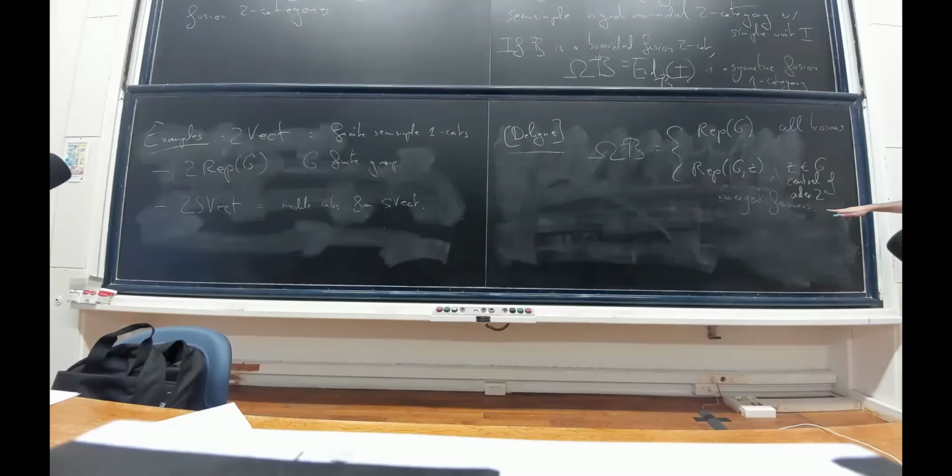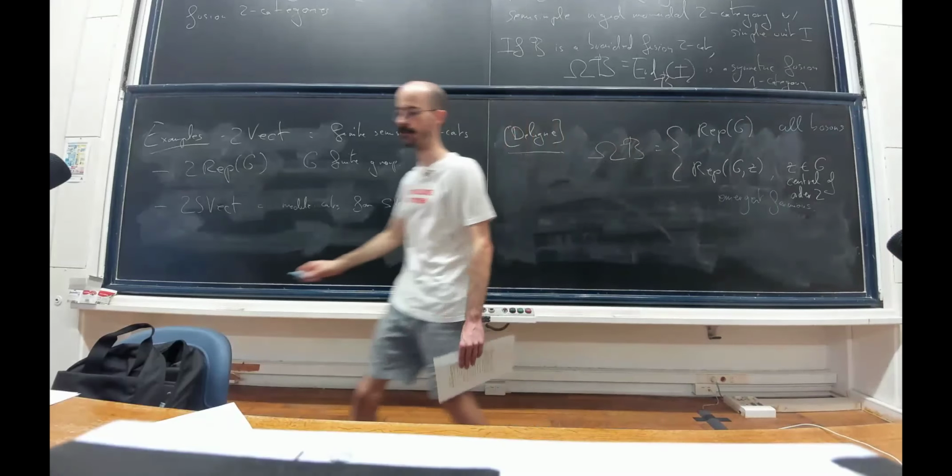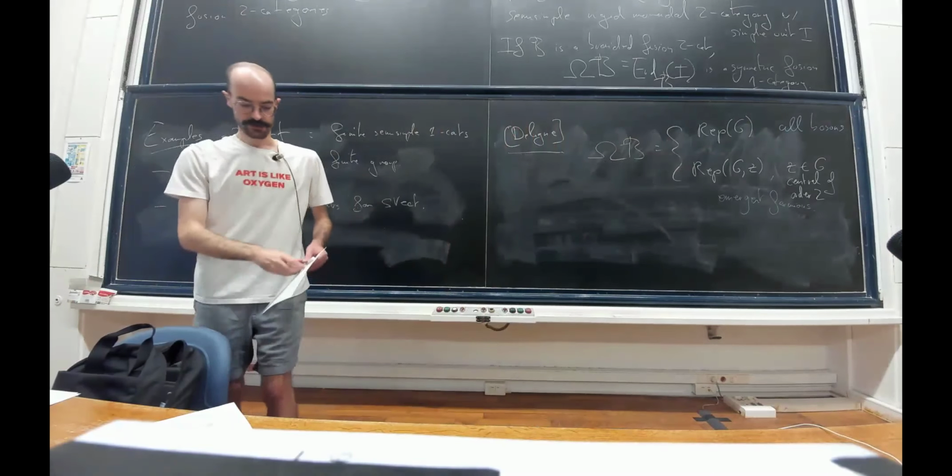Hopefully I get to talk about this more at the end, but you should really think of this central element of order 2 as making emergent fermions appear. But that doesn't mean that your theory is actually genuinely fermionic. In fact, usually if you write a supergroup like this, you're not going to have a theory that's genuinely fermionic. All of these theories are bosonic, but some of them are perhaps more bosonic than others.